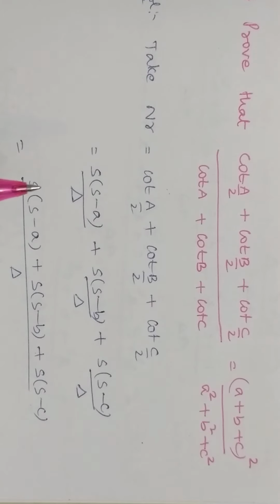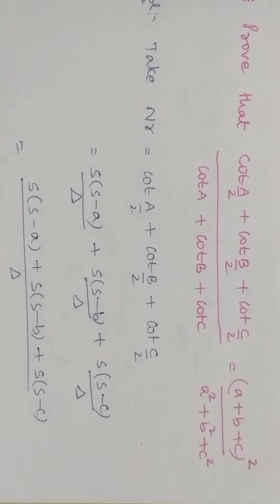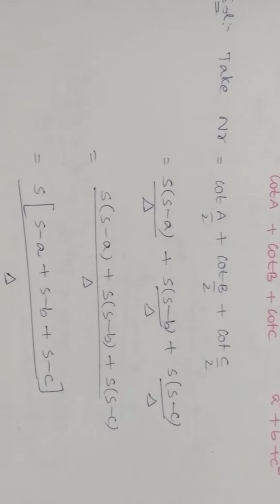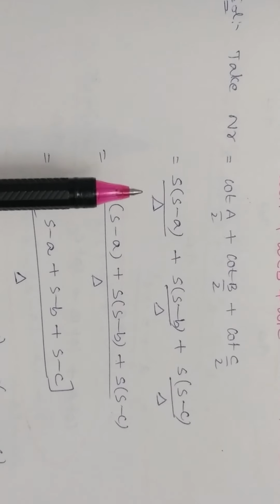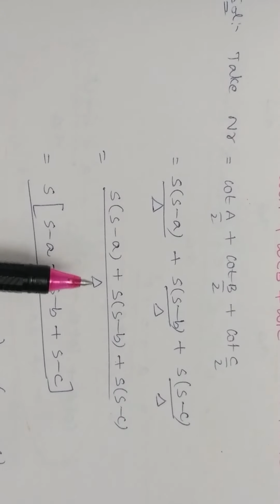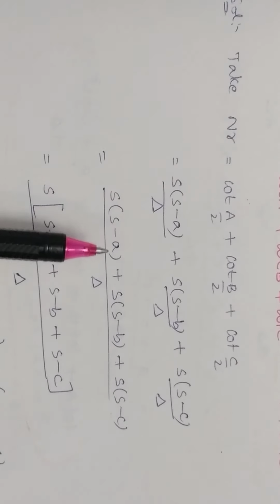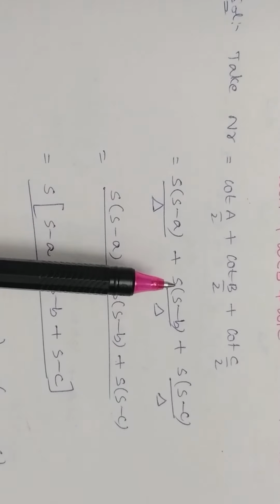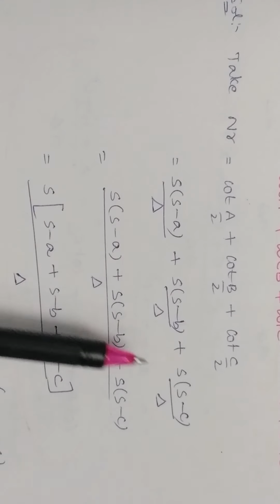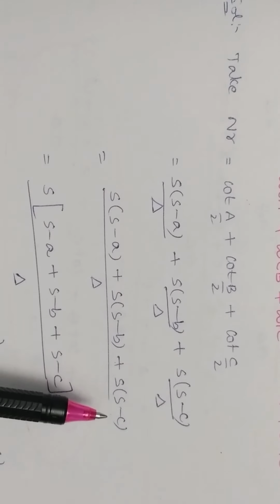So take the LCM. Delta is the LCM. So the numerator is S(S − A) + S(S − B) + S(S − C).